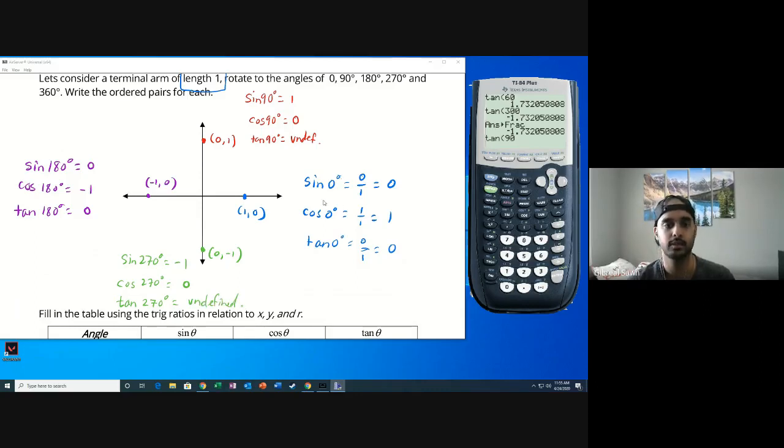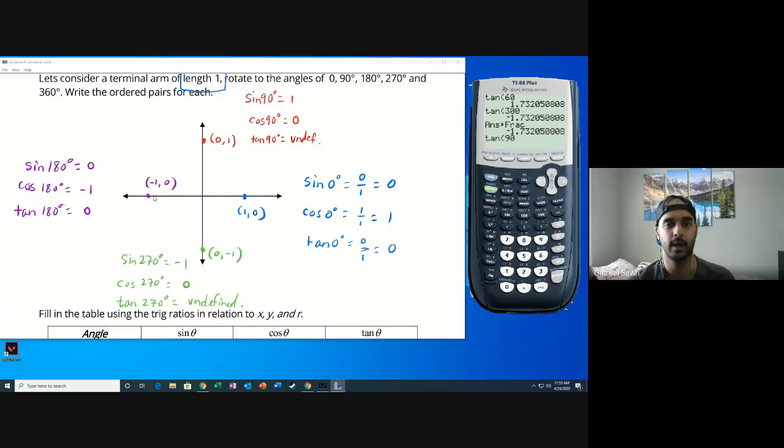Okay, so the blue ones and the purple ones are very similarly related, and the reds and the greens are also very similarly related. It depends on the location of those points. If I'm at 0 or 180 on that horizontal line, the x-axis, my sine will always be 0, because sine is really just the y-coordinate. If I don't have a y-coordinate, it's 0.